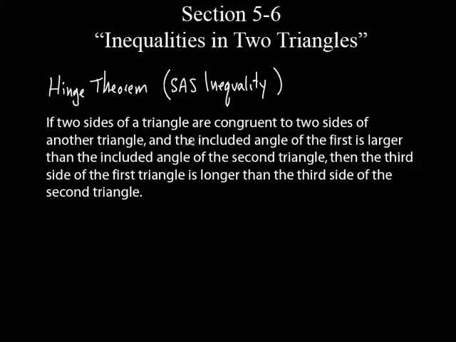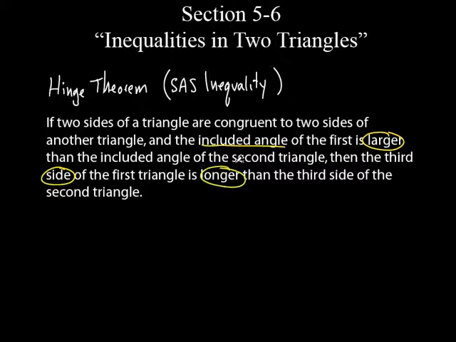It says, if two sides of a triangle are congruent to two sides of another triangle, and the included angle, that's the one that's in between, remember that phrase, of the first one is larger than the included angle of the second triangle, then the third side of the first triangle is larger than the third side of the second triangle.